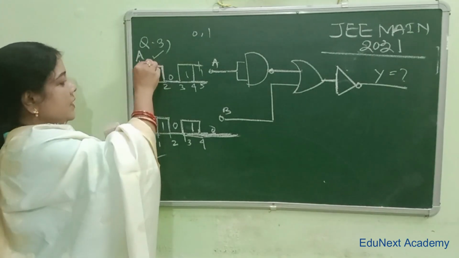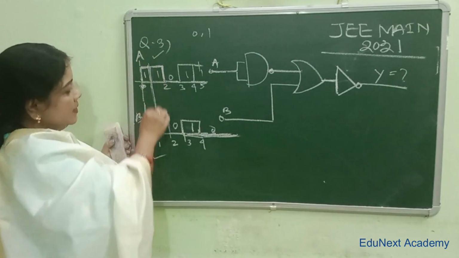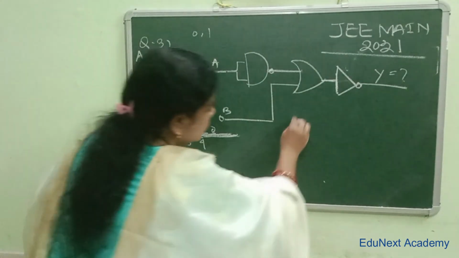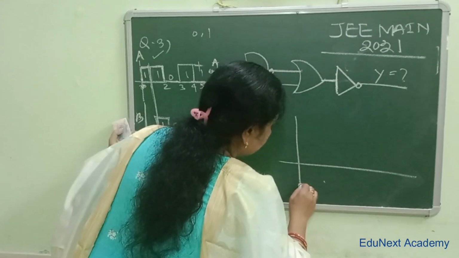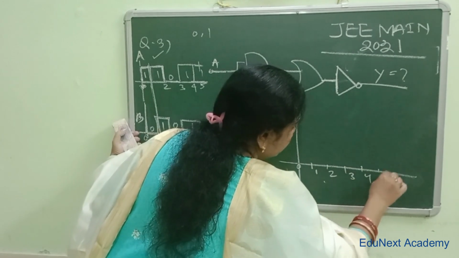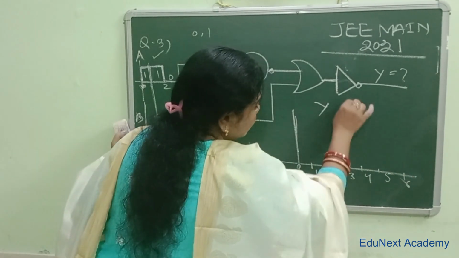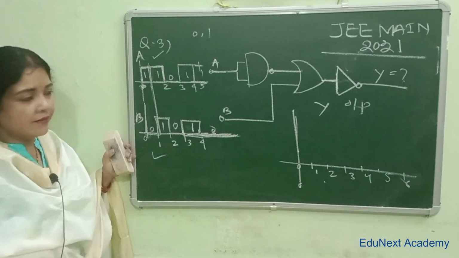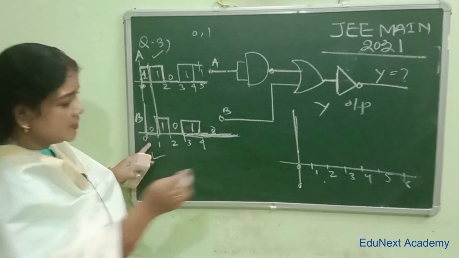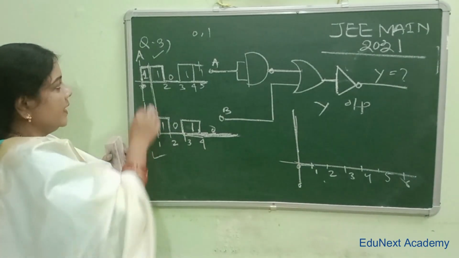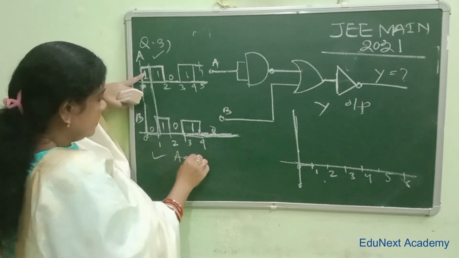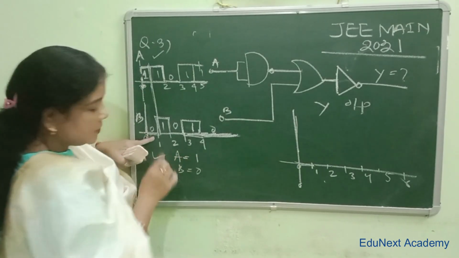Okay, we have to consider the variables here. Now, how? We have to represent the output graph, with time marked 0, 1, 2, 3, 4, 5 and 6. Now see, in the first second, that means 0 to 1, we are getting A equal to 1, B equal to 0.